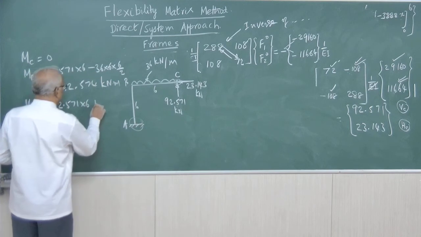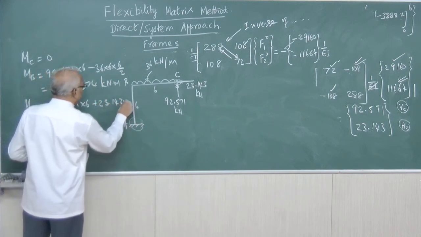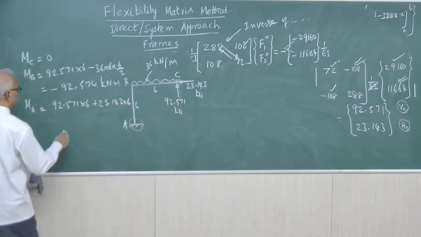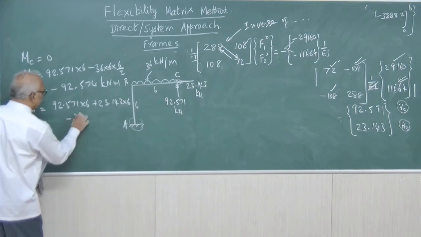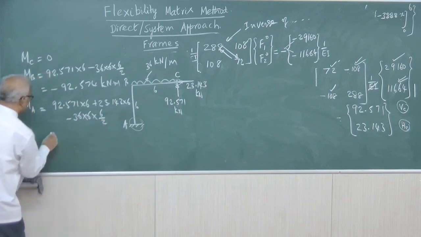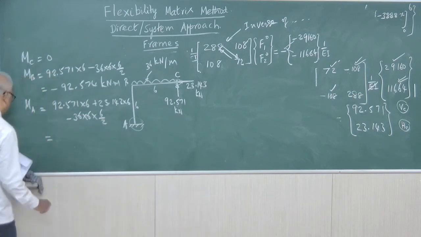Therefore that is also plus 23.143 into 6 meters, and due to the UDL, the moment will be clockwise, therefore it is minus 36 into 6 into 6 by 2.